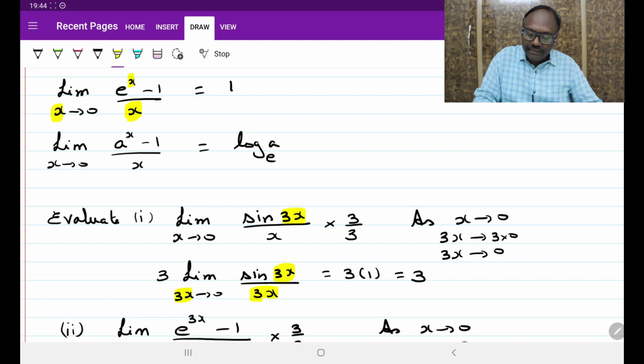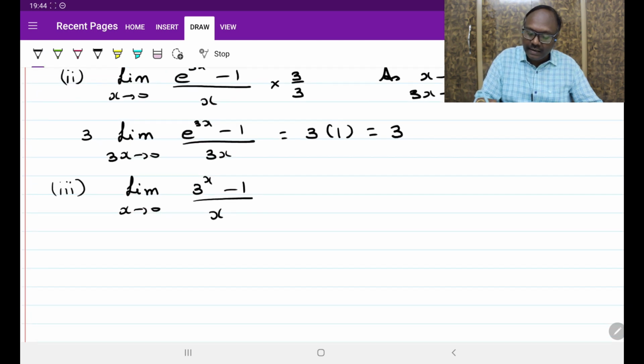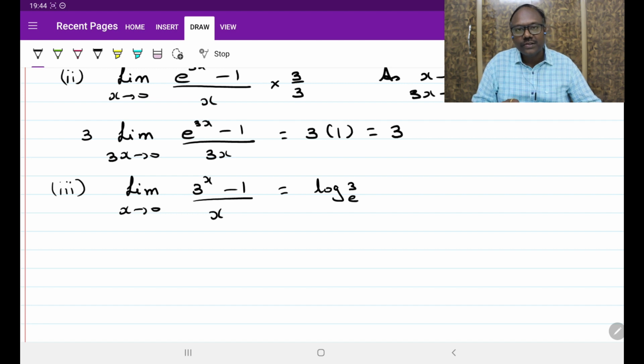So we observe that the power of a, the denominator, and this is x which is tending to 0, all the three should be same, then the answer is log a to base e. So here we are going to apply this formula and we get this as log 3 to base e as the answer. So you can pause the video in between and you can make a note of these problems.